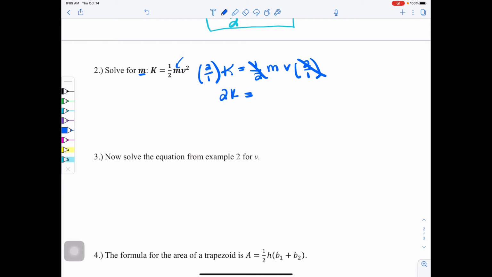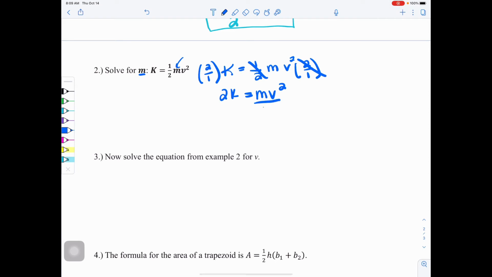On the right-hand side, I still have m, v, and squared. Now I'm closer, but I'm still trying to get m alone, and I see a v squared over there with it that I'd like to get rid of. Because m and v squared are written right next to each other, I know that that is multiplication, so I have to do the opposite operation, which is division.